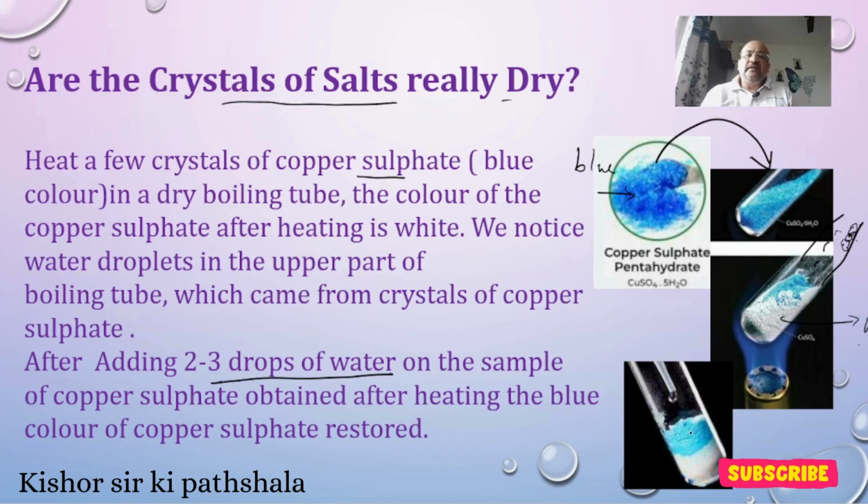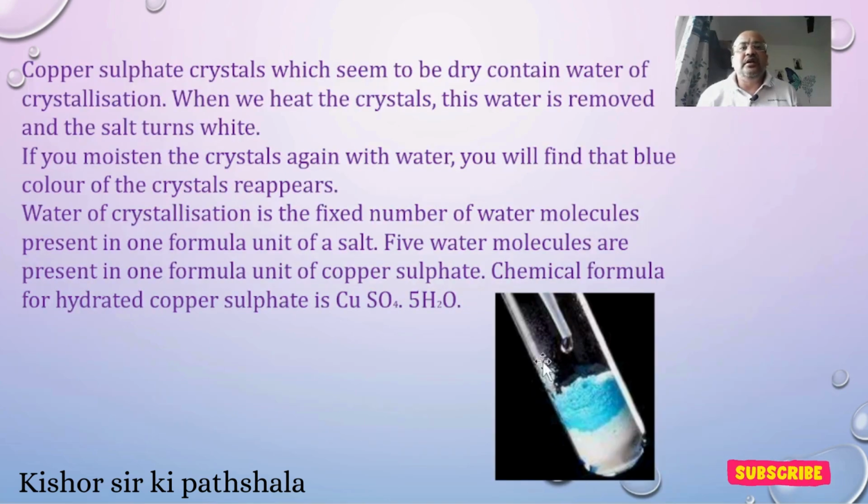What we see is that the blue color of the copper sulfate is regained, restored. It was blue colored crystals; when we heated it, it turned into white powder, and when we add water, the blue color is restored.